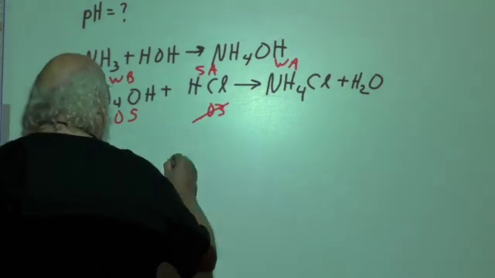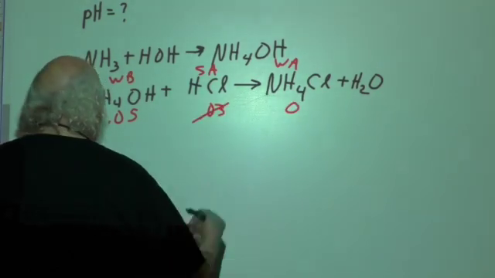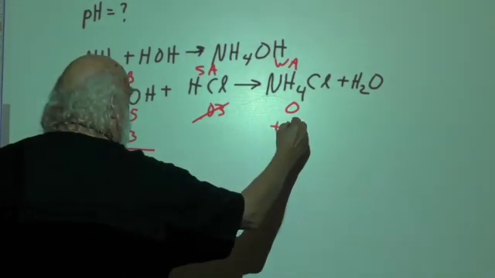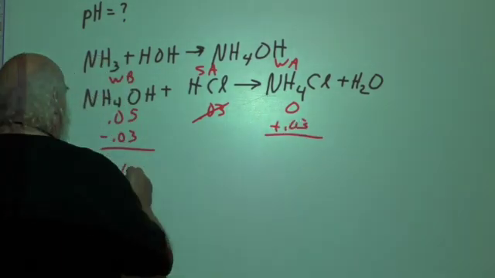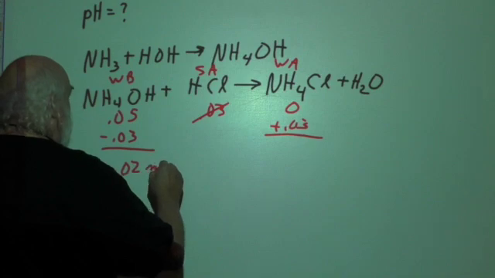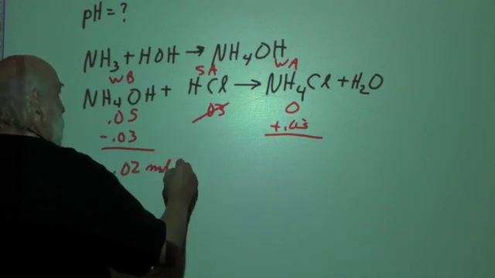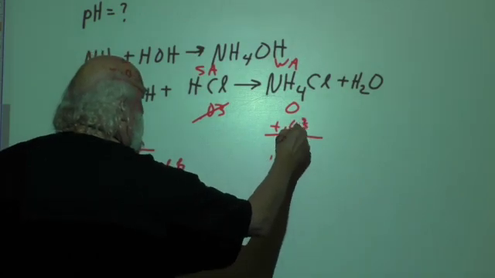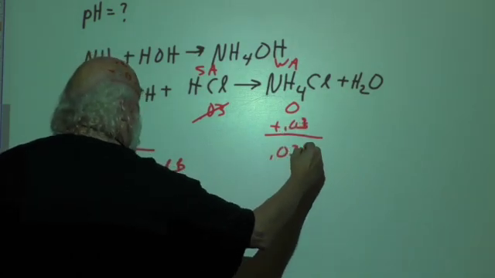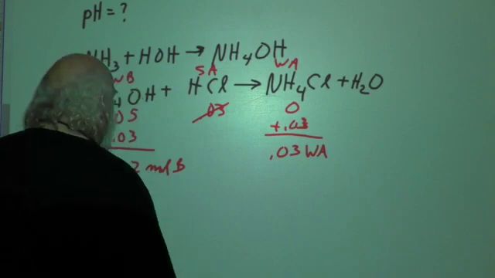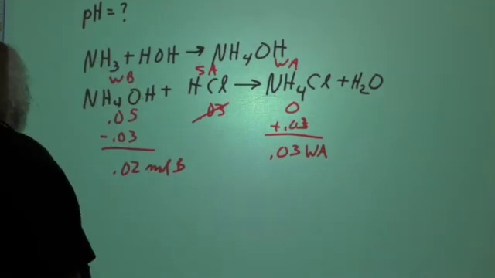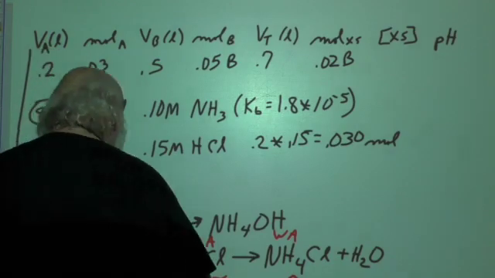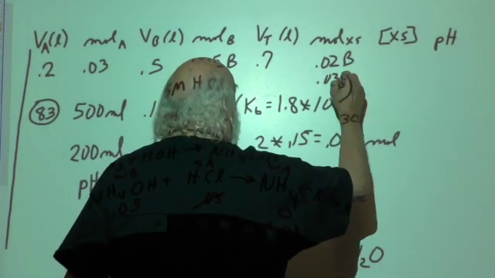We know we're going to lose all of this, and we got 0 here, by the way. We're going to lose 0.03 here, and we're going to gain 0.03 here. So this is 0.02 moles of the weak base, and this is 0.03 moles of the weak acid. Okay, so we got 0.02 moles of the weak base, and then 0.03 moles of the weak acid.